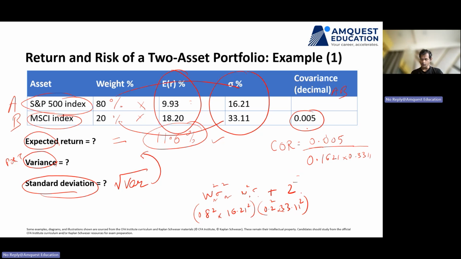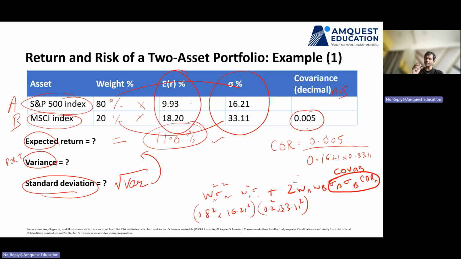You'll do two weight, right? Weight A, weight B, deviation A, deviation B, correlation AB, right? Now this part of the equation is also equal to covariance, right? Right or wrong?